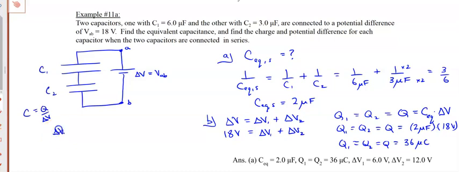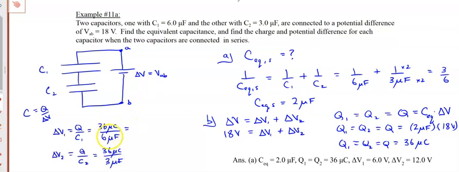Voltage 1 would be equal to Q over C1, so that would be 36 microcoulombs divided by its capacitance, which for C1 was given as 6 microfarads. And voltage 2 would be equal to Q over C2. Again, same charge, 36 microcoulombs, but now divided by its capacitance, which is 3 microfarads.